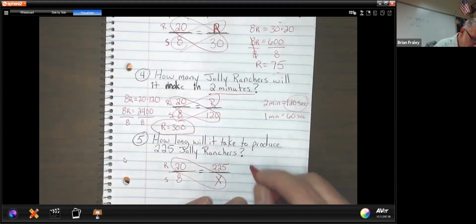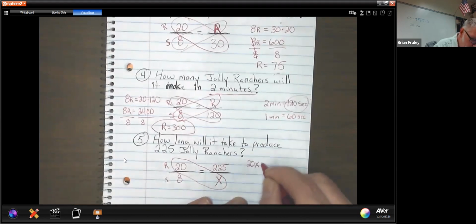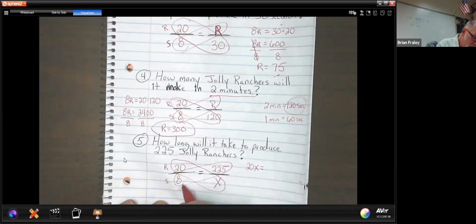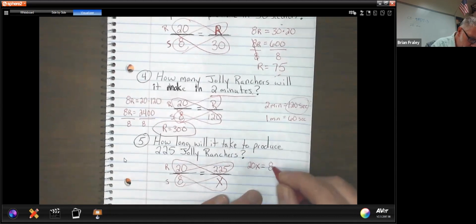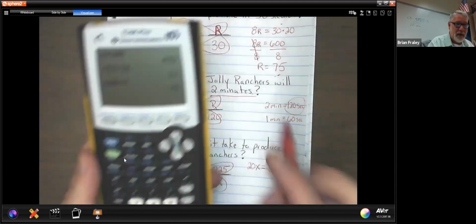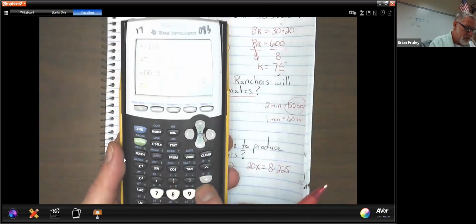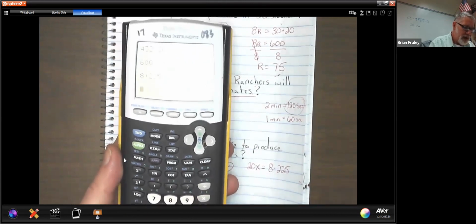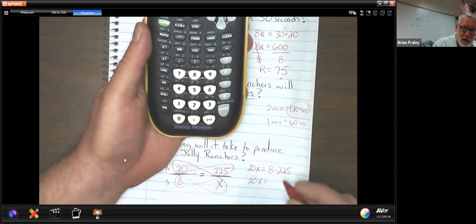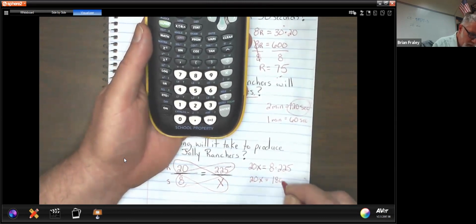So 20 times X this time is going to be equal to the other diagonal multiplied together, which is 8 times 225. Okay, so let's go ahead and do 8 times 225. And we get 1,800. So 20x equals 1,800.